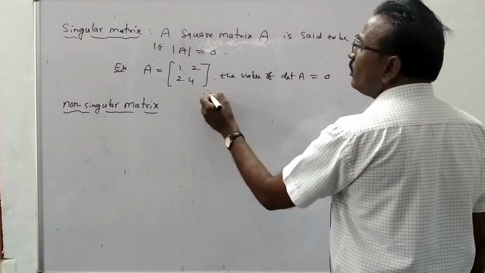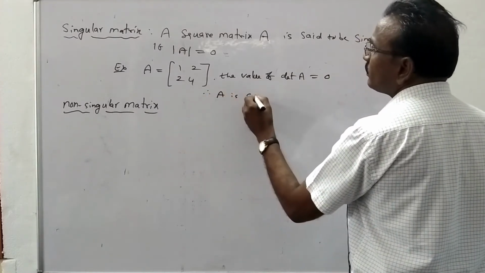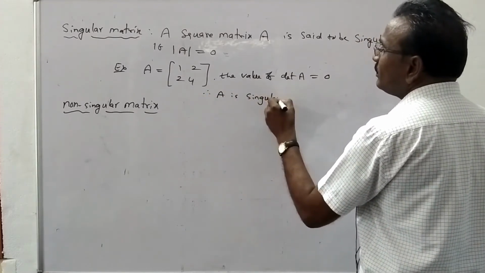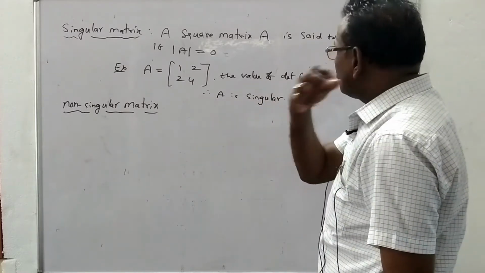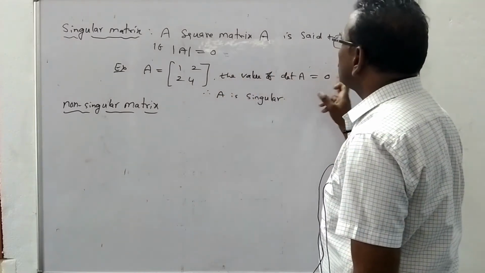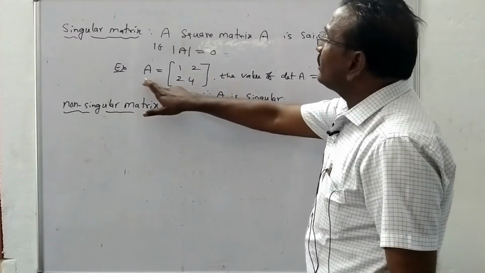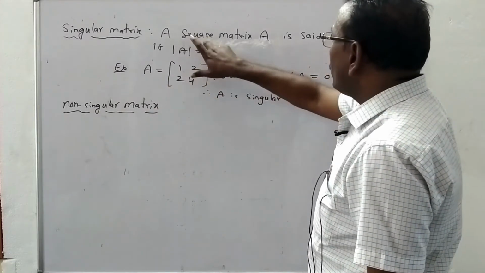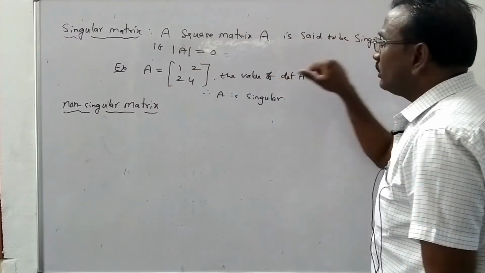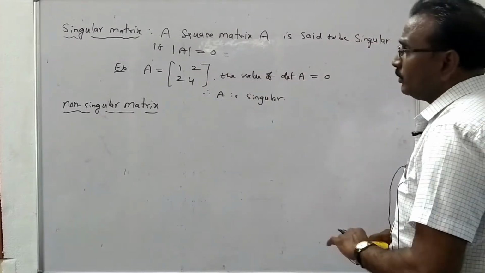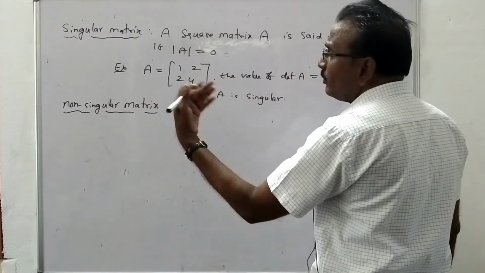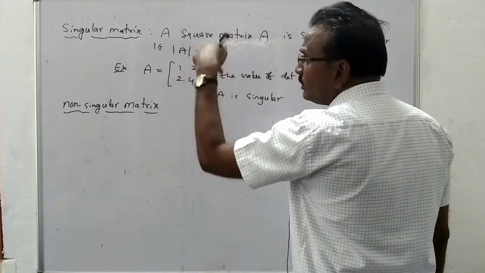Therefore here A is singular. That means the determinant of the matrix value is 0. So therefore the matrix A is called a singular matrix. A square matrix A is said to be singular if determinant of A is equal to 0. A square matrix A is said to be non-singular if determinant of A is not equal to 0.